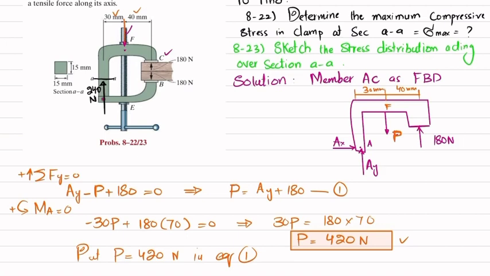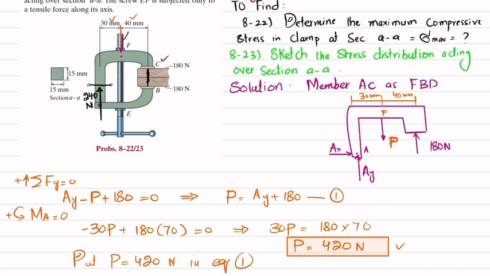And we will have this force at F, which will be equal to 180 Newton, and at F we have this force acting, which is 420 Newton. And if you want to calculate the moment, definitely when you cut it at section A, you will have a moment, and this moment is equal to 0.